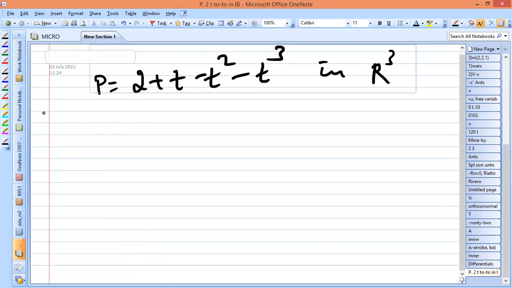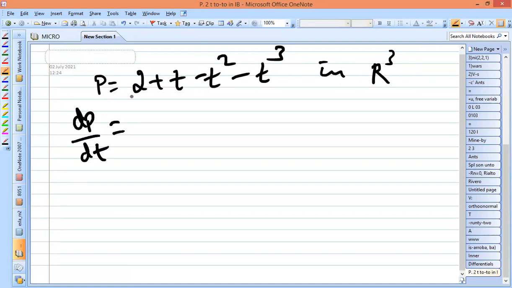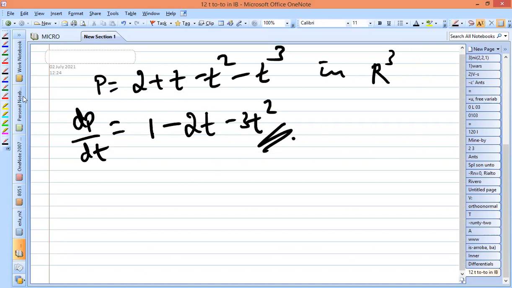If you simply differentiate p with respect to t, we can see the answer right here: the differentiation of a constant is 0, of t is 1, of minus t square is minus 2t, and of minus t cube is minus 3t square. Using the linear transformation method, you are supposed to get this same answer.